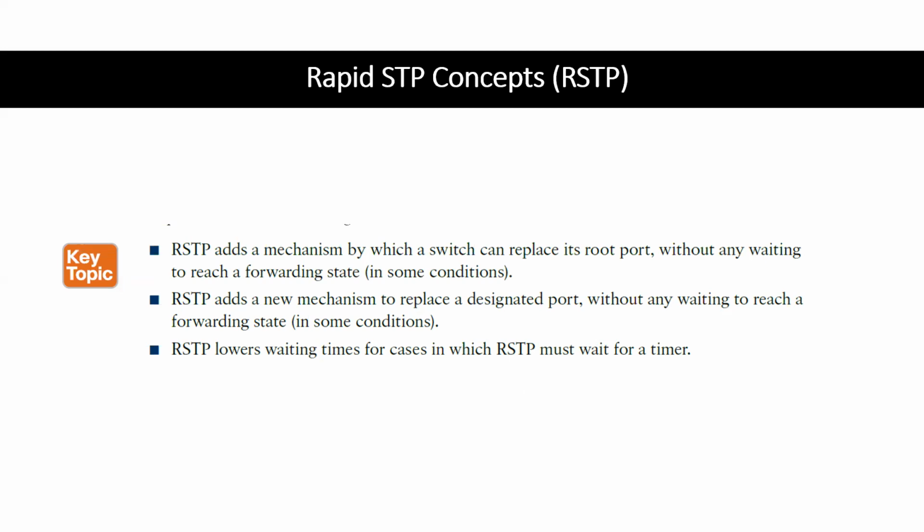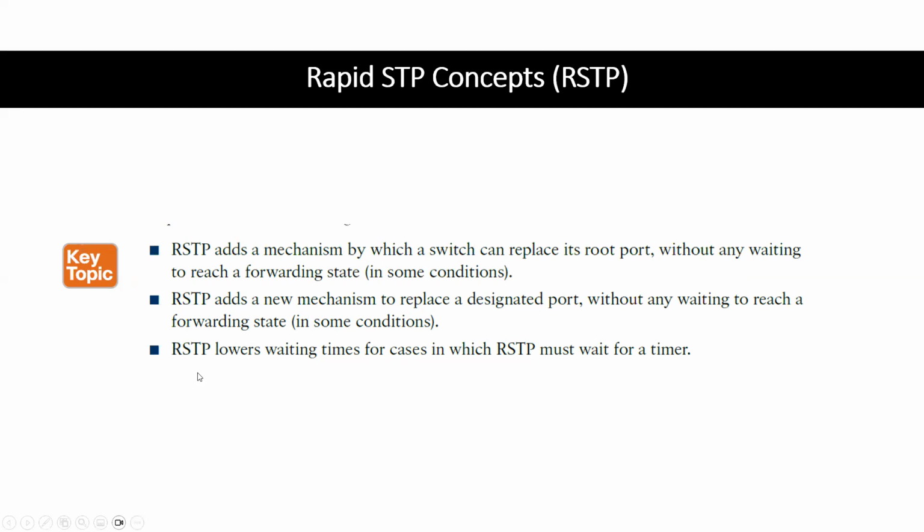I told you guys, rapid spanning tree is eliminating those different states, listening and learning and what have you. We're immediately jumping to a forwarding state in certain conditions. Rapid spanning tree also adds a new mechanism to replace a designated port without any waiting to reach a forwarding state in some conditions.